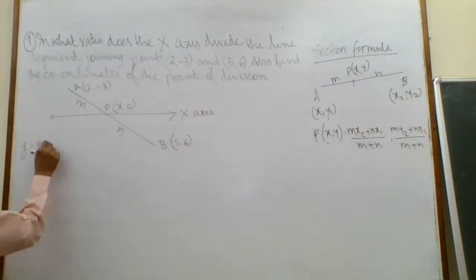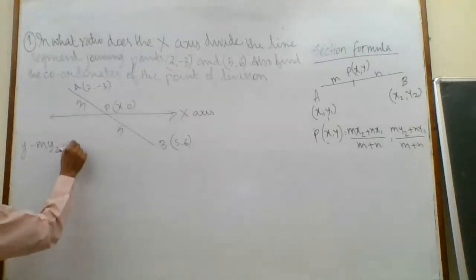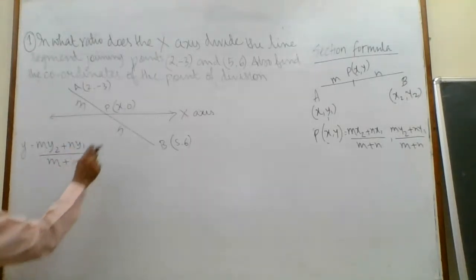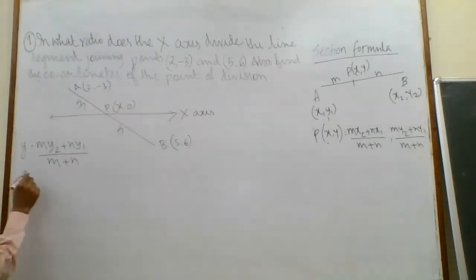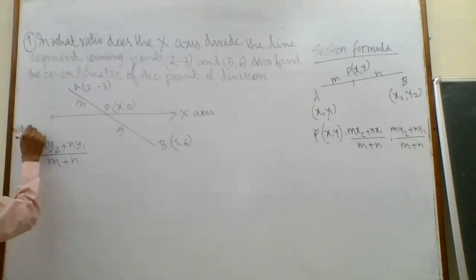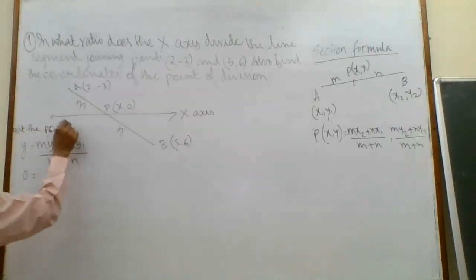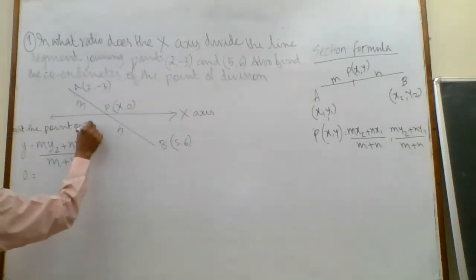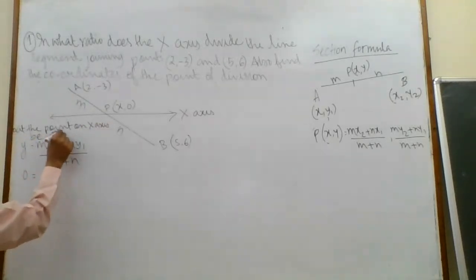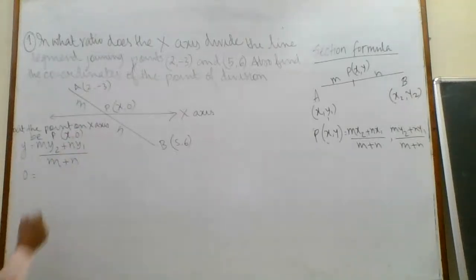y is equal to (my2 plus ny1) by (m plus n). In fact, first we should write: let the point on the x-axis be P, and the x-axis is always of this type, x, 0.